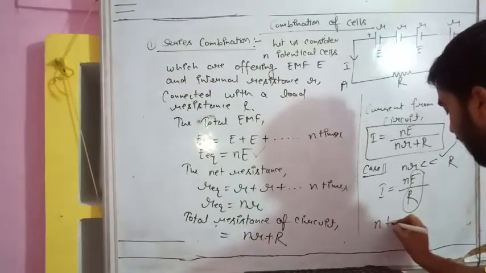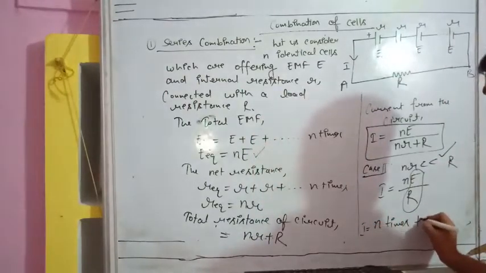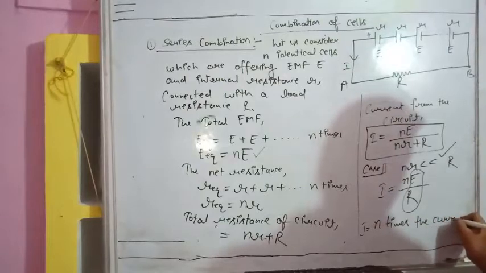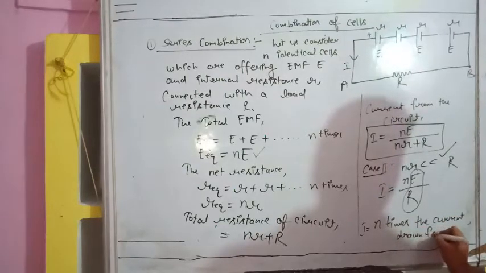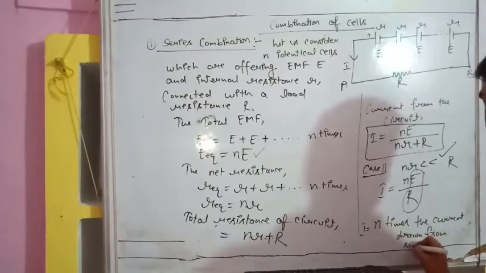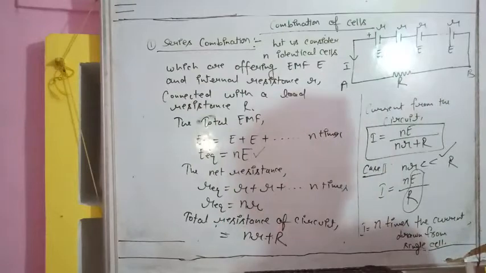So the net current will be I is equal to N times the current drawn from a single cell. So this is how we have calculated the current for this special case.